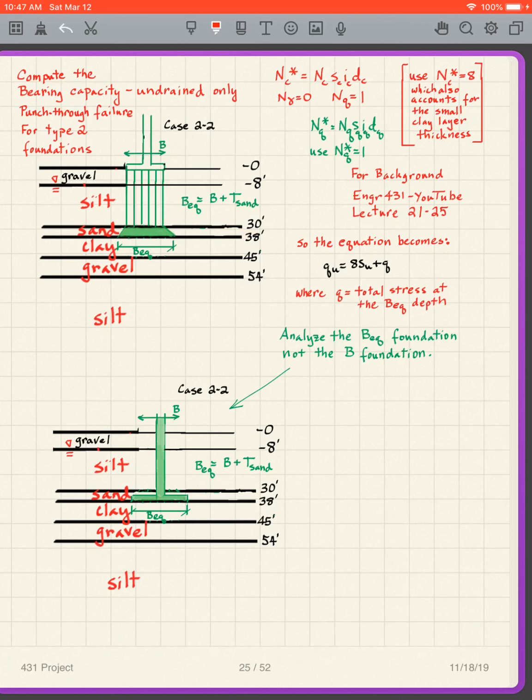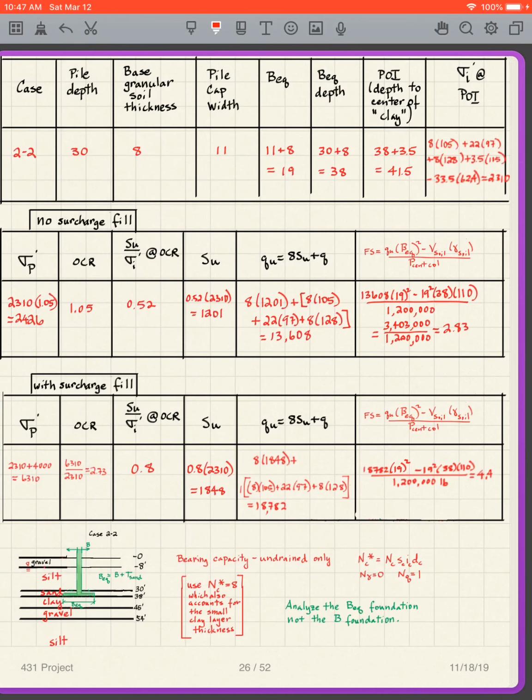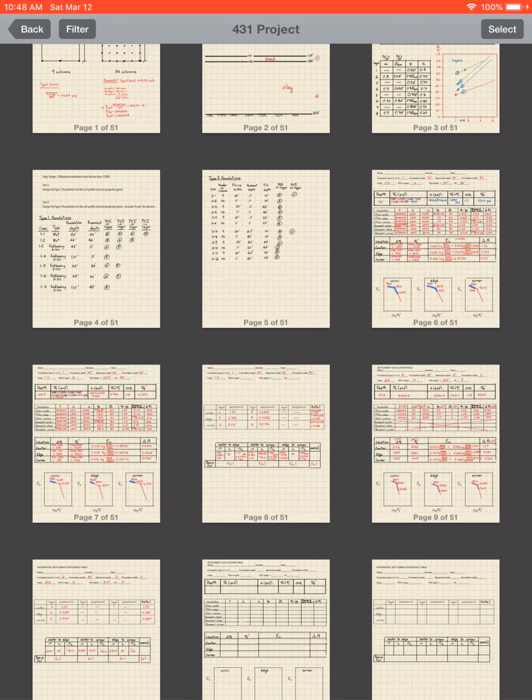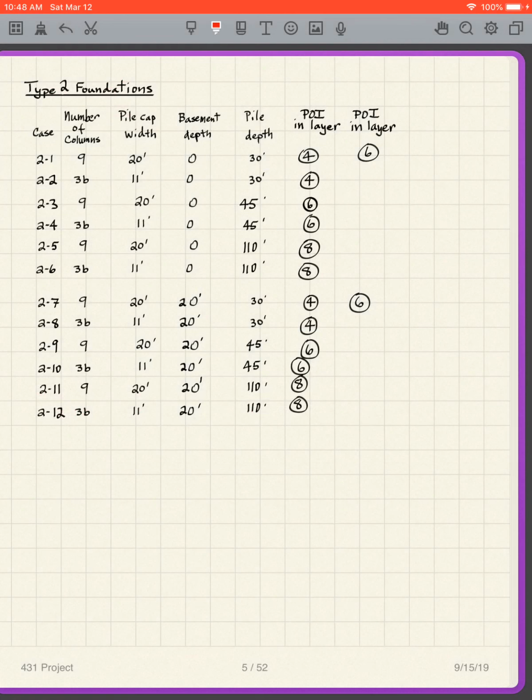The pile cap width is 11. That's given on this page here. Again, the pile depth is 30, and we're talking about a point of interest in layer 4 here.